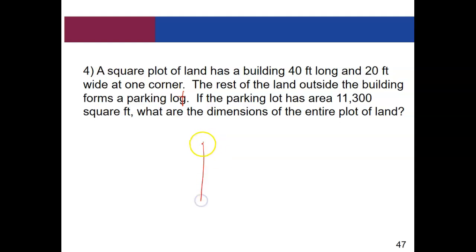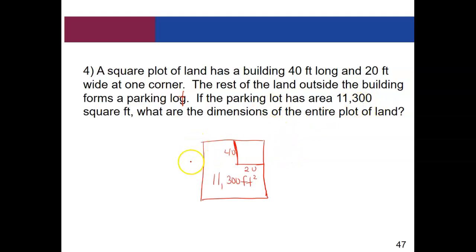So we're going to start with the square plot of land here. Okay. And it has a building that's at one corner. So this is going to be the building over here. Again, apologizing for my not so straight lines. The building is going to be 40 feet long and 20 feet wide. The rest of the land outside the building forms a parking lot. So this part here is our parking lot. If the parking lot has an area of 11,300 square feet, what are the dimensions of the entire plot of land?